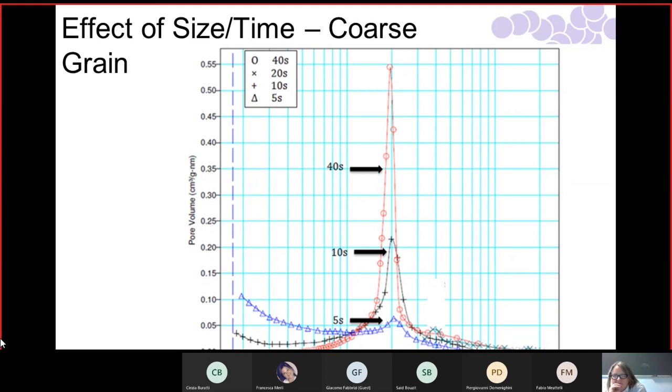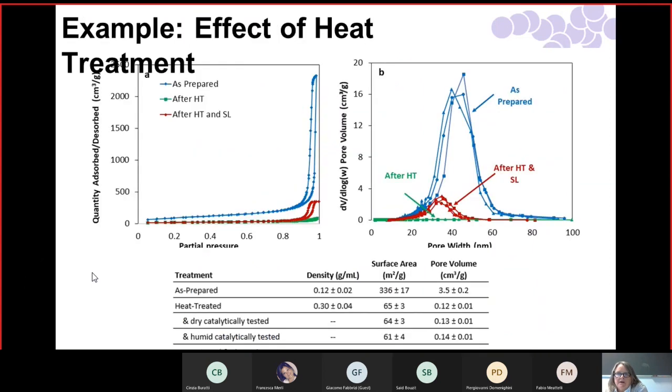Okay, so I want to just finish off this section showing you some examples of things that you can do with gas absorption analysis. But before I do, any questions on the BJH, on that method and what you're getting? You're applying this theory to extract from that isotherm some information about the distribution of pores.